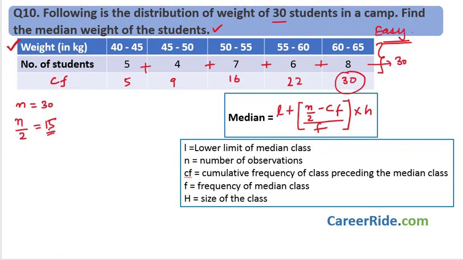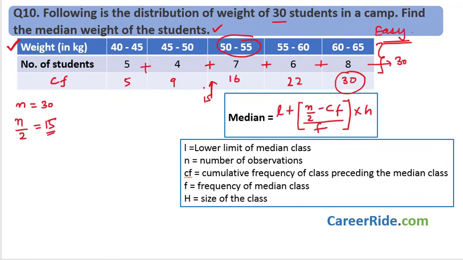Now coming to the cumulative frequency row. 15 is larger than 9 and lesser than 16. So where will it lie? It will lie somewhere here in this class interval, because it is lesser than 16 but larger than 9.